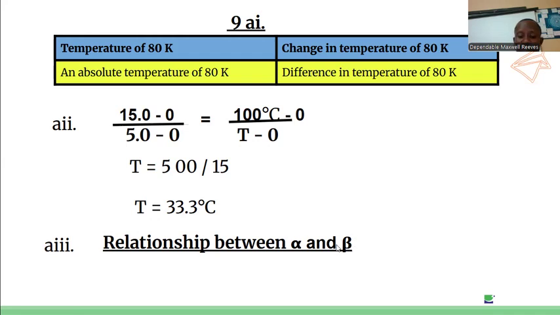The relationship between the two is that beta is equal to twice alpha, the coefficient of linear expansivity. So this is the expected answer.